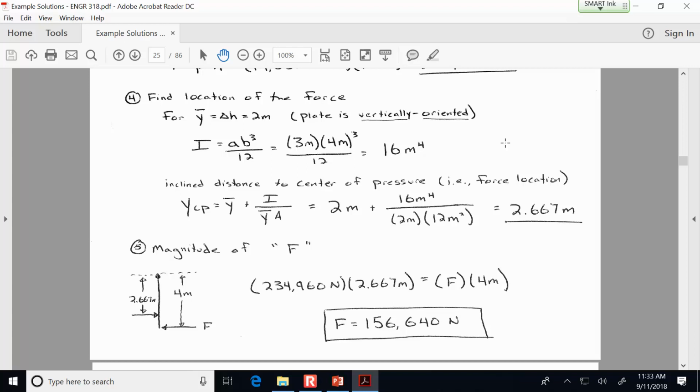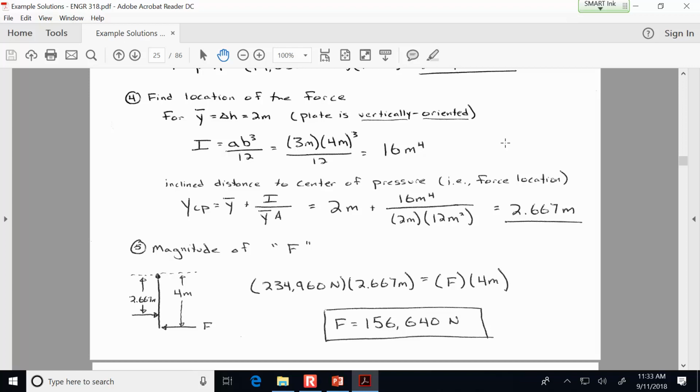So if we know that there is this hydrostatic force with a magnitude of 234,960 newtons, and it's located 2.667 meters from the hinge, and we're going to resist that with a clockwise moment, magnitude F unknown, and the distance is 4 meters, then we can just do that moment analysis and find out that the force we'd have to apply would be 156,640 newtons to resist it.